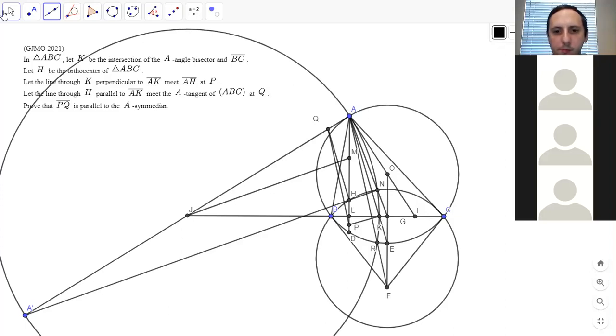Okay, so we need to prove triangle AIG is similar to PAQ, right? Okay. But we have that triangle AHQ is similar to AIK. I'm assuming that's just angle chasing, right?